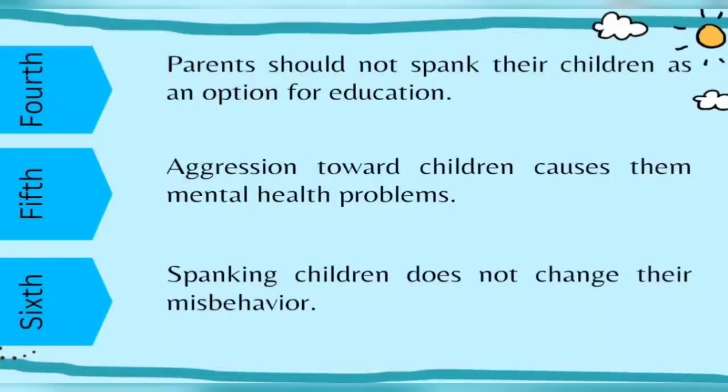Remember that a persuasive essay needs to be staged. It means that it needs to have an order. First, what we're going to talk about, our first idea will be parents should not spank their children as an option for education.